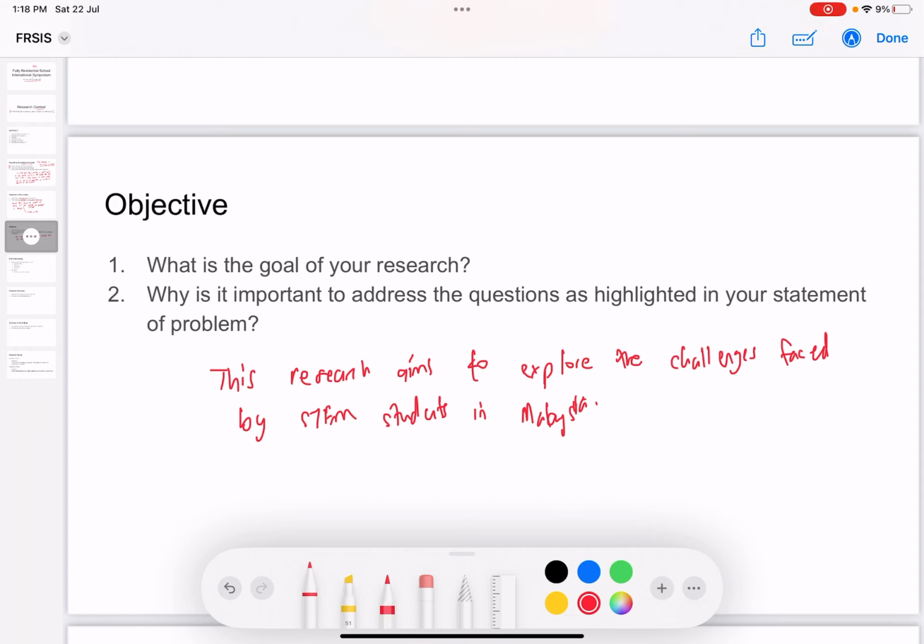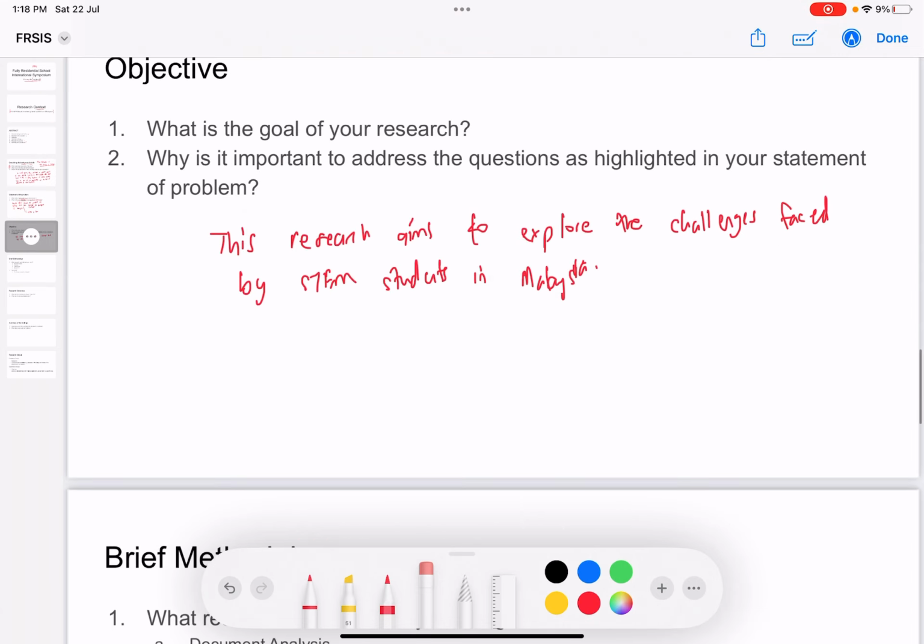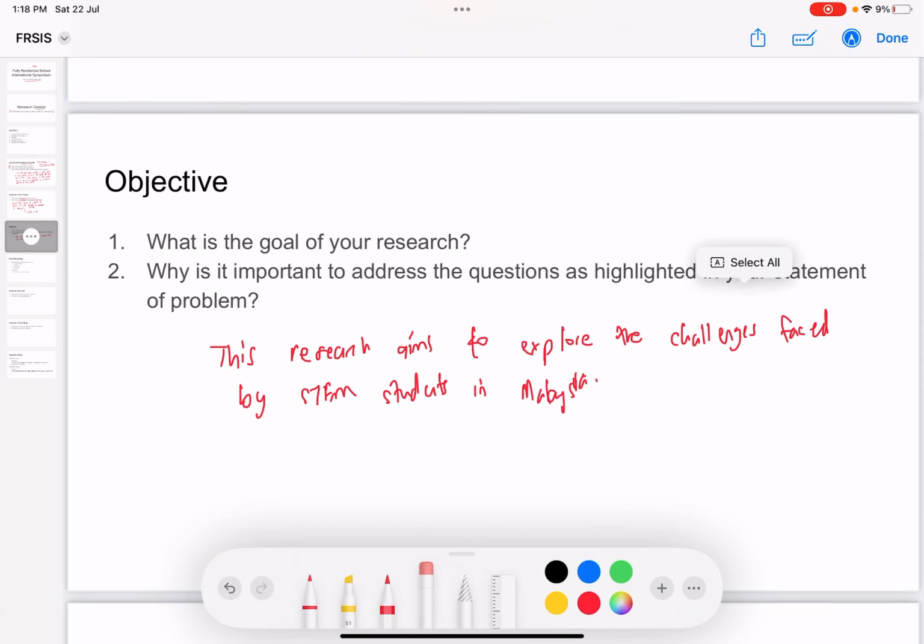Oh, this is kind of wrong, right? Because you're not researching this. You're looking at the reason why students don't want to take STEM. So probably not this. You're going to change this a bit.